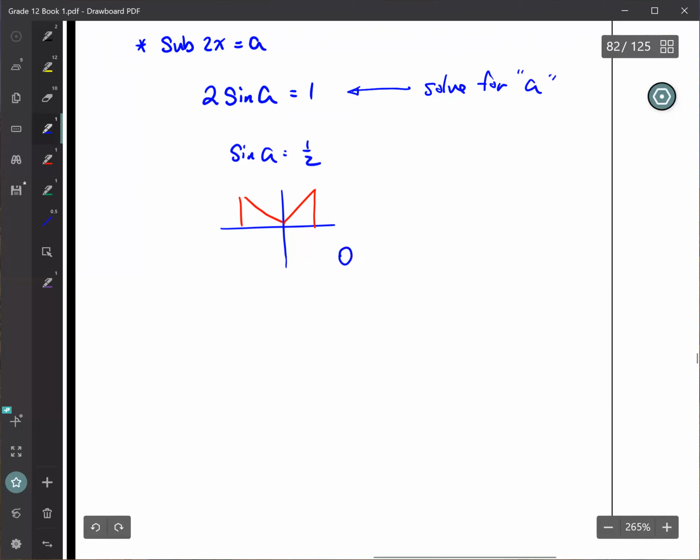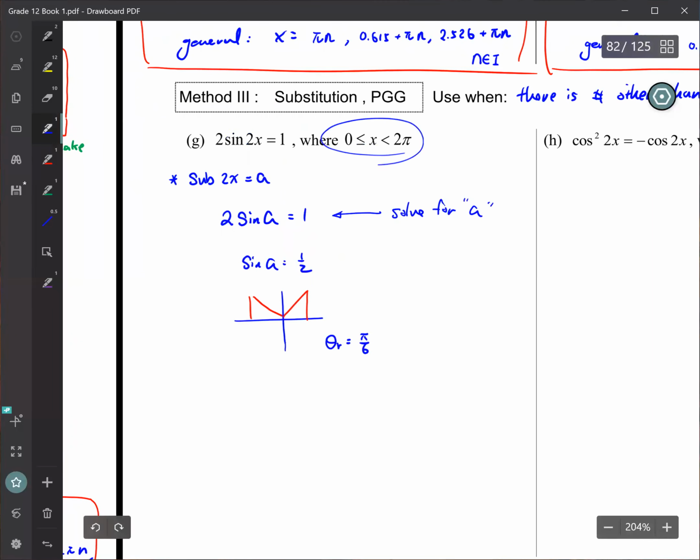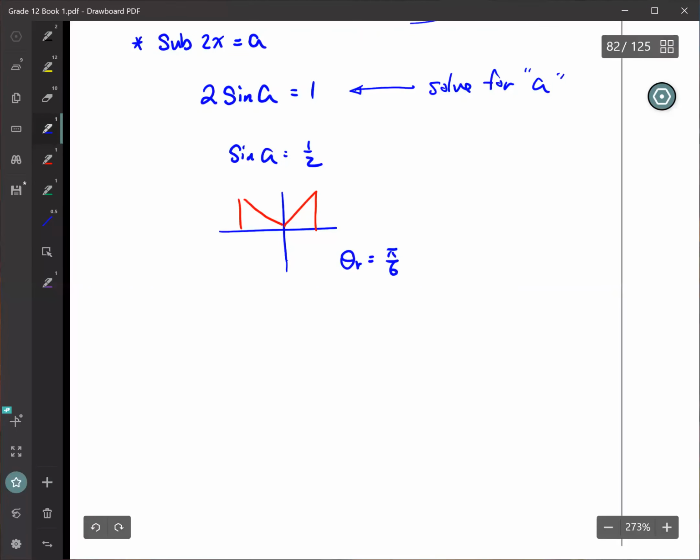Can you tell me what's the reference angle here? Donna, what's the reference angle? Pi/6. Yes, okay, so that's our pi over 6. Now, because this one has a domain, but we are not using the domain here, we are finding the answer within one circle.